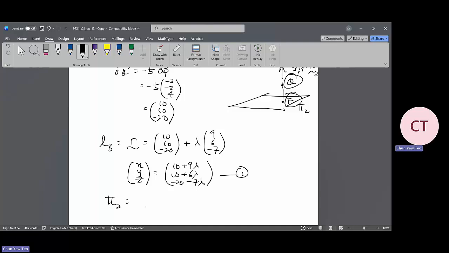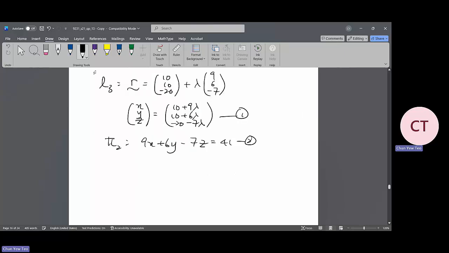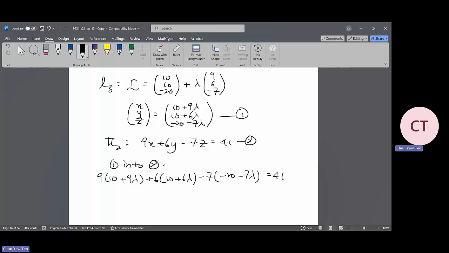And for pi 2, just now pi 2 is 9x plus 6y minus 7z equal to 41. That will be your equation number 2. Just substitute 1 into 2. You will get 9 multiplied by 10 plus 9 lambda, plus 6 multiplied by 10 plus 6 lambda, minus 7 multiplied by -20 minus 7 lambda, equal to 41.